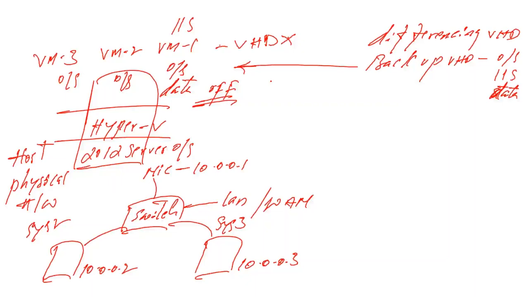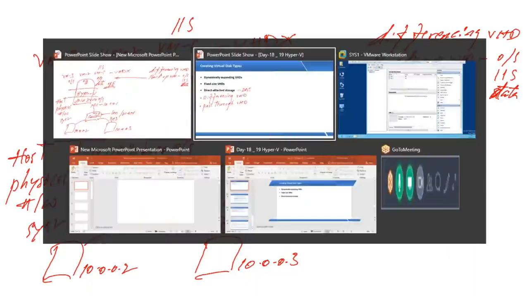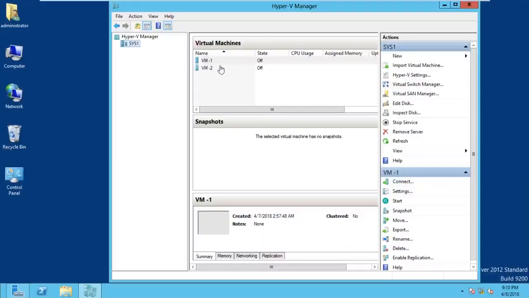So you have to shut down the virtual machine 1 first. You can see here I am in Hyper-V Manager service, and right now my virtual machine 1 is in off mode. If it is on, started, then I'm not going to be able to create it. It is not allowing me.